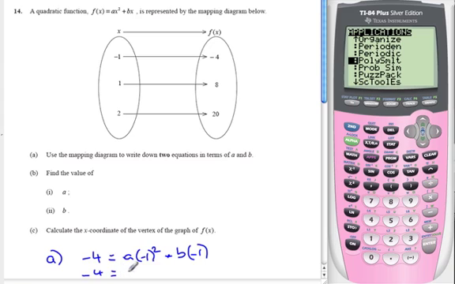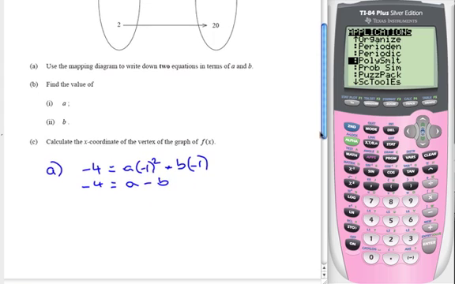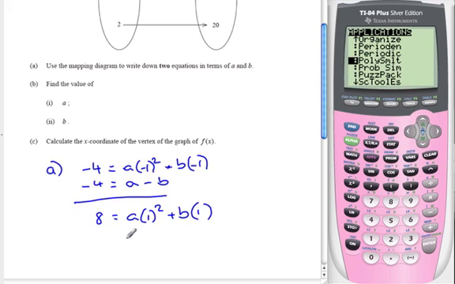Negative 4 equals a minus b, and then I need a second one, so I could possibly use 8 equals a times 1 squared add b times 1. So 8 equals a add b.